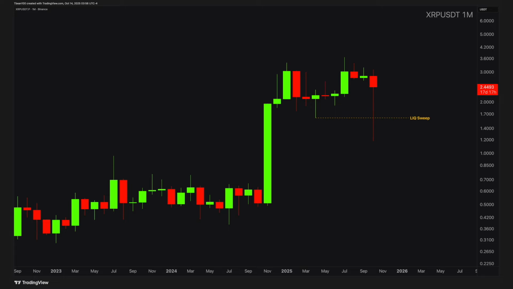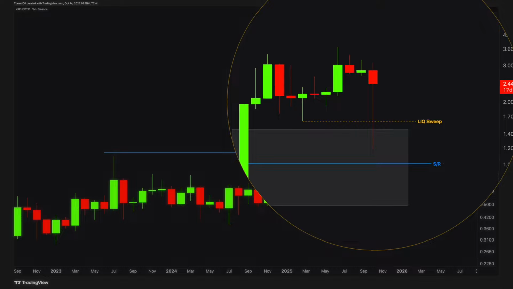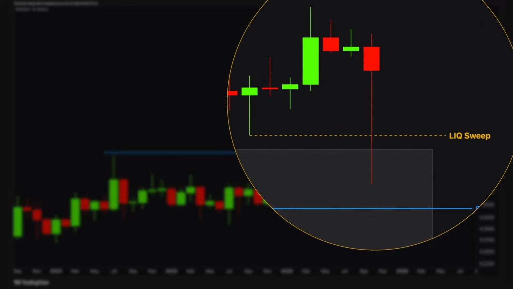For example, in this case, Ripple dropped around 60%. You know that. It completely swept a huge amount of liquidity and tapped right into this imbalance zone again. We are probably talking about millions, maybe even billions of dollars being lost on this coin.